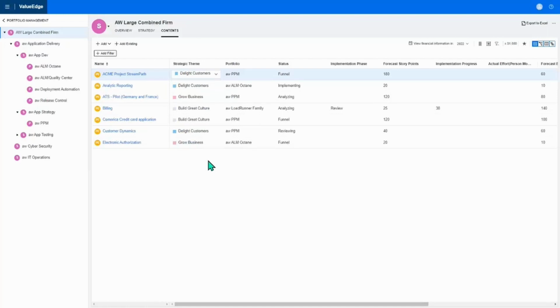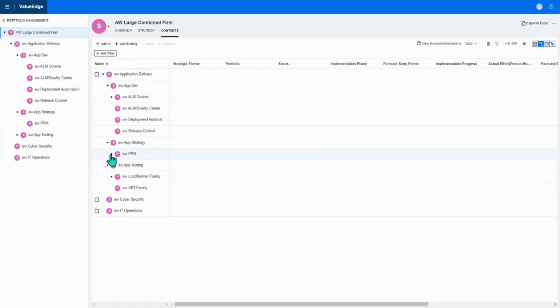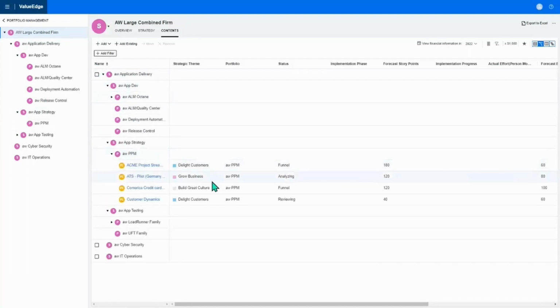The other view is one of a hierarchy. I'm at the top of this tree of information. And so the hierarchy view will actually show you the contents of these different portfolios, those portfolio contents, and where they're positioned in this hierarchy.